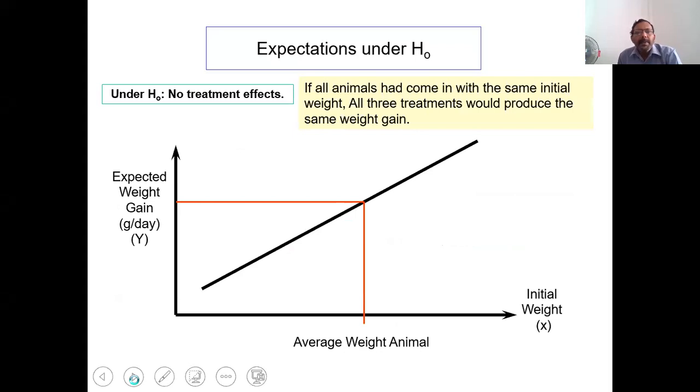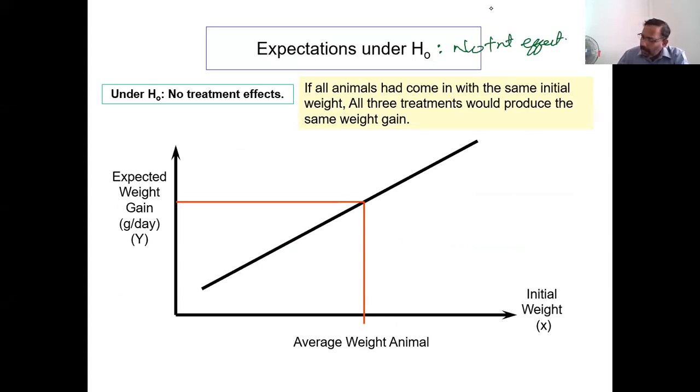Right, now we come to that. Expectation of my null hypothesis. Under the expectation of null hypothesis, what is my null hypothesis normally? I will put it as no treatment effect. That is my null hypothesis, isn't it? No treatment effect.